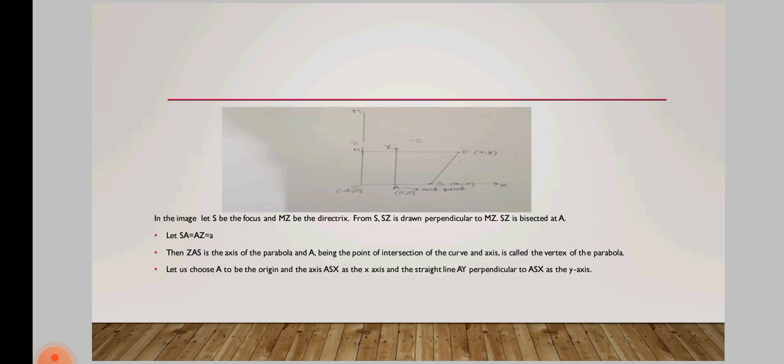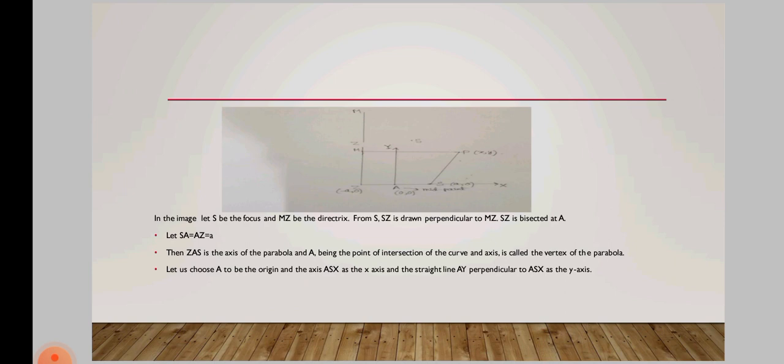So the coordinate of the point S becomes (a, 0), and the coordinate of the point Z becomes (minus a, 0). Now we define the line perpendicular to ZAS and passing through the point A, that is the line AY, to be the y-axis. So now we have our coordinate system.